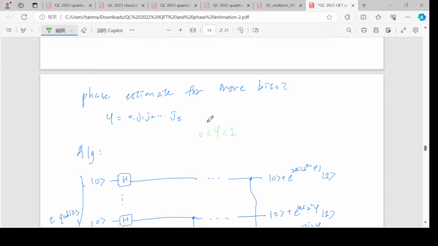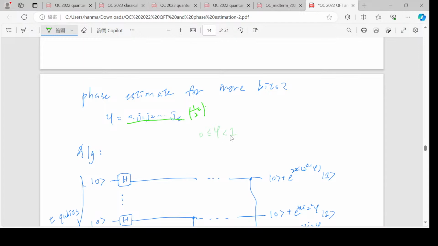Let's say phi still has the bit string form, so it's a binary bit string, 0.j1 j2 to jT in binary. So it's a T-bit binary fraction, and precision here is 1 over 2 to the T. So it's 1 over 2 to the T times some integer. That's phi, and it's something between 0 and 1.